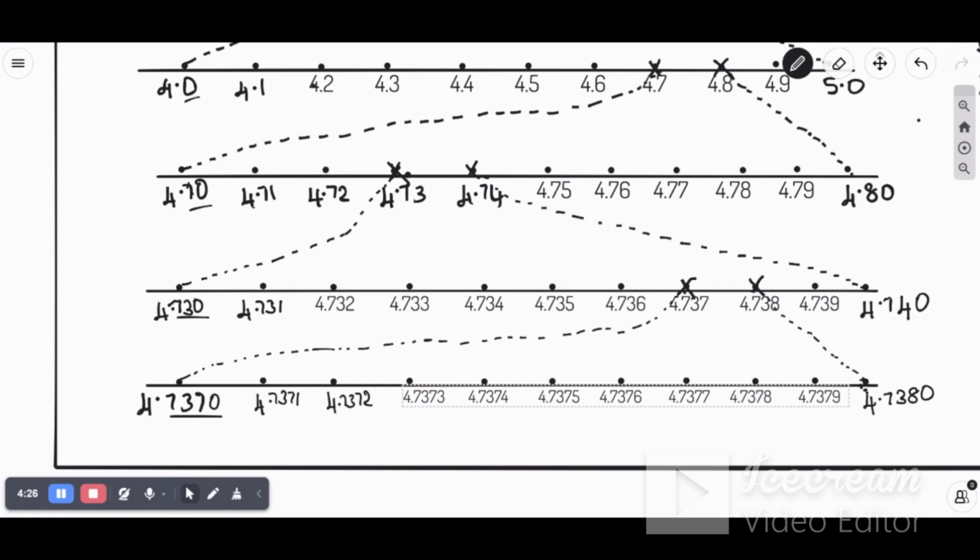So I am done with this 379. If you are confused, just check the last number, 379 and 380. So you are correct. So now you finally have to end your number.